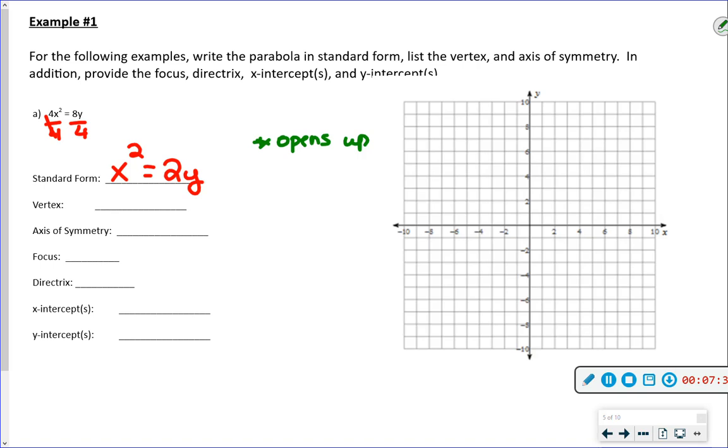There's no x minus something or y plus something. Nothing in parentheses, so we're at 0, 0. Got it. Okay. Now, I'll do the axis of symmetry in a minute. Let's do the new stuff, the focus and directrix. So the key is this coefficient in front of y. That's what your 4p equals.